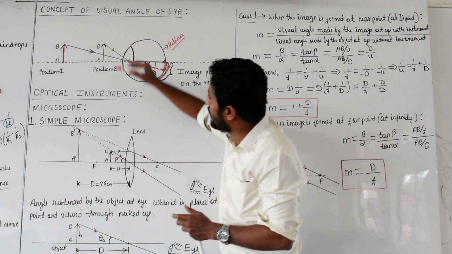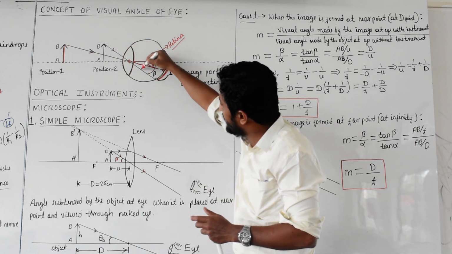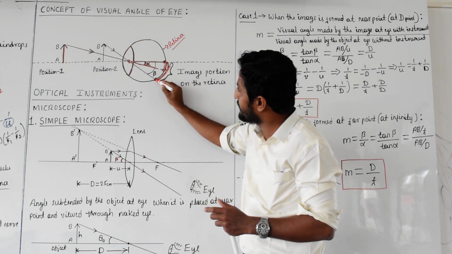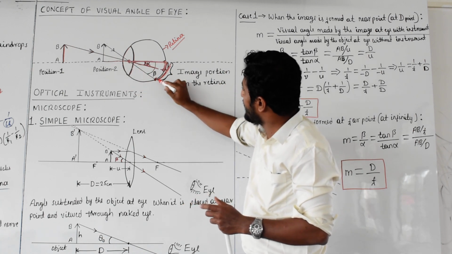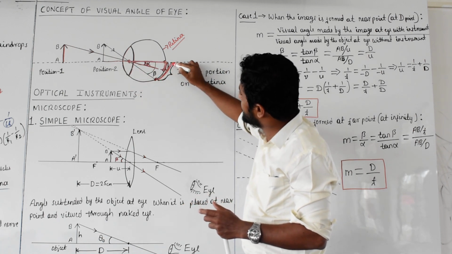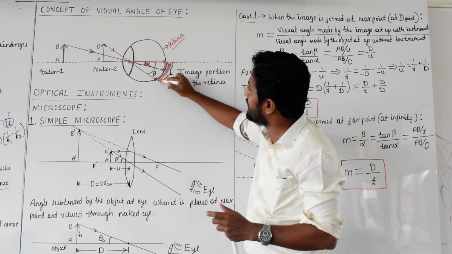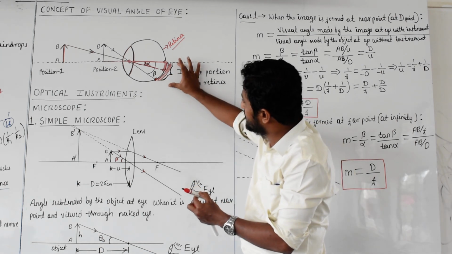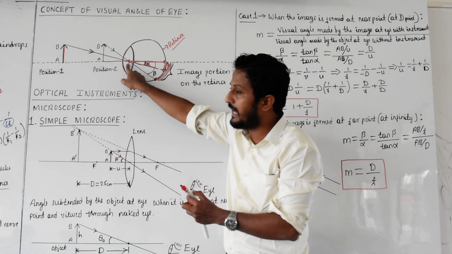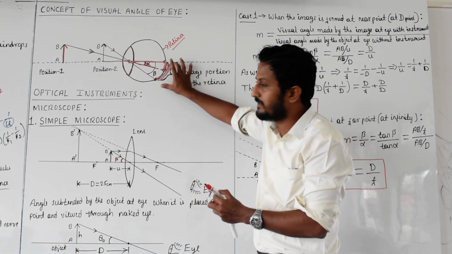Now you see, when the object is placed at position 2, this is the ray from its top portion, and this is the ray from its bottom. Now that image is going to be produced in this portion. Now the angle subtended at the eye by the image portion is greater.